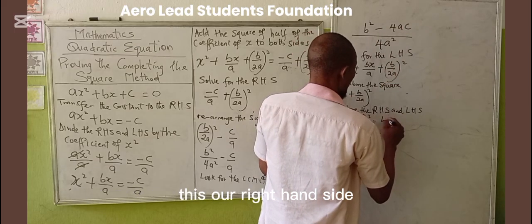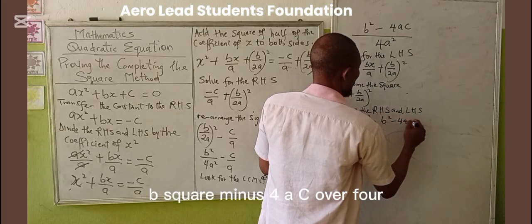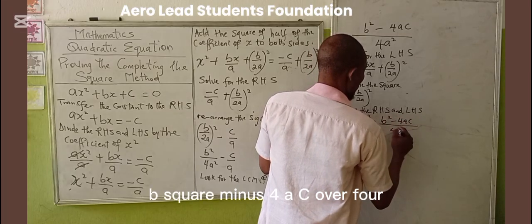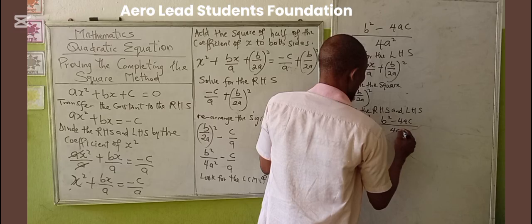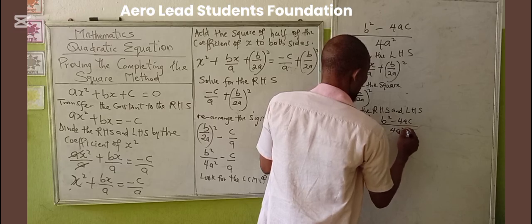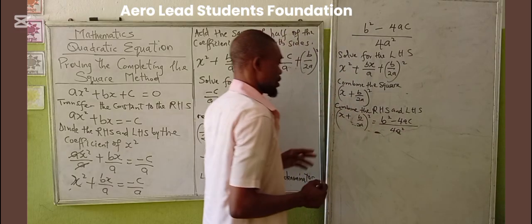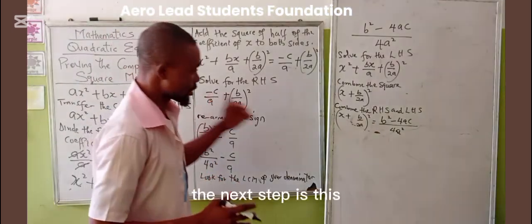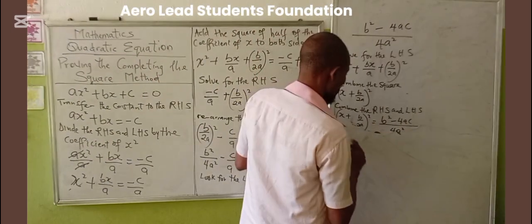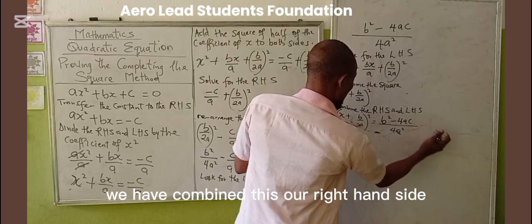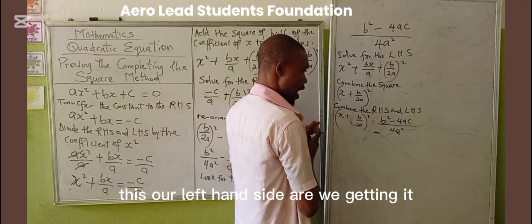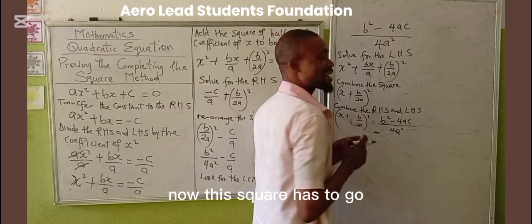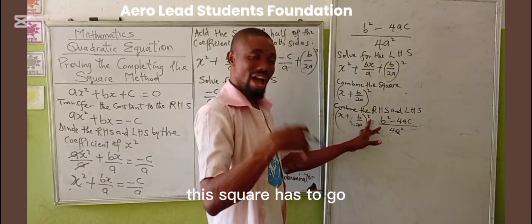This is our right hand side: b squared minus 4ac over 4a squared. Now, getting to this level, the next step is this. We are combining, this is our right hand side, this is our left hand side. Are we getting it? Now this square has to go.